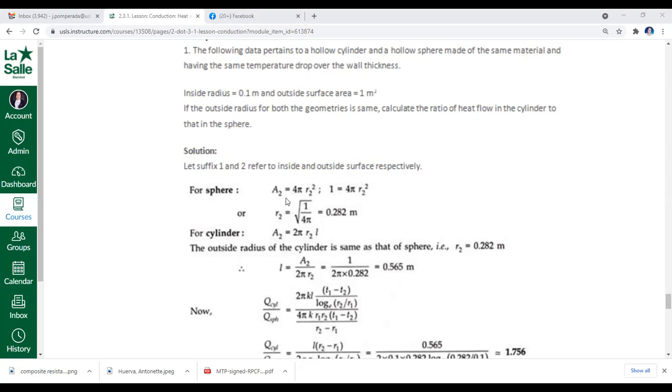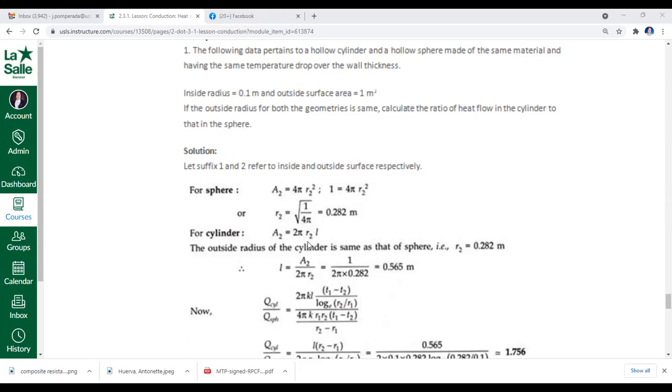Substituting the known value, the outside surface area, you'll be able to find the outer radius of the sphere, which is 0.282 meters. This outer radius of the sphere will also be equal to the outer radius of the cylinder.